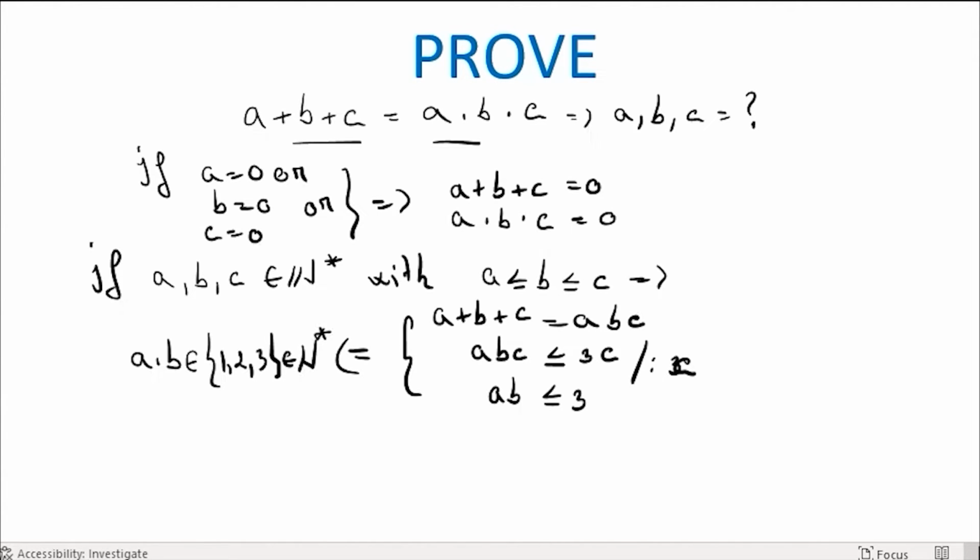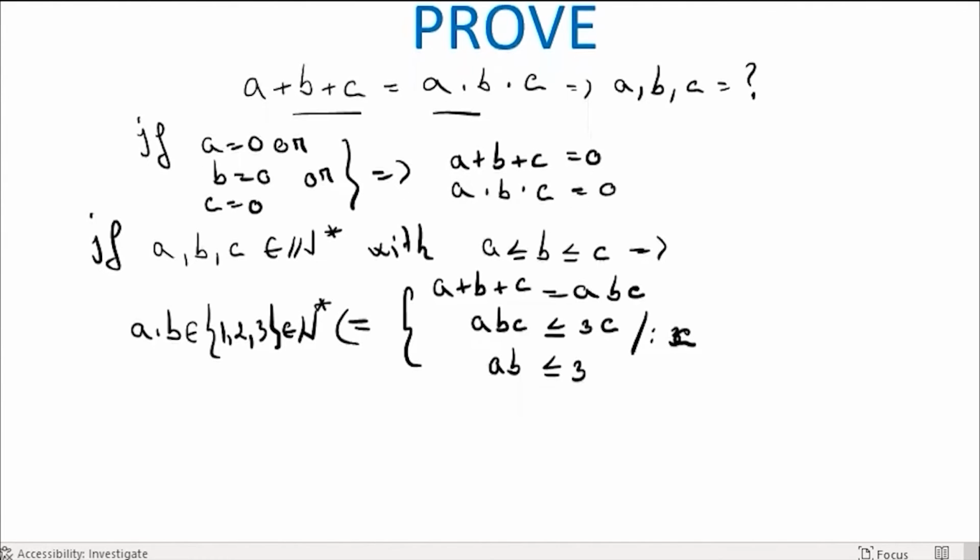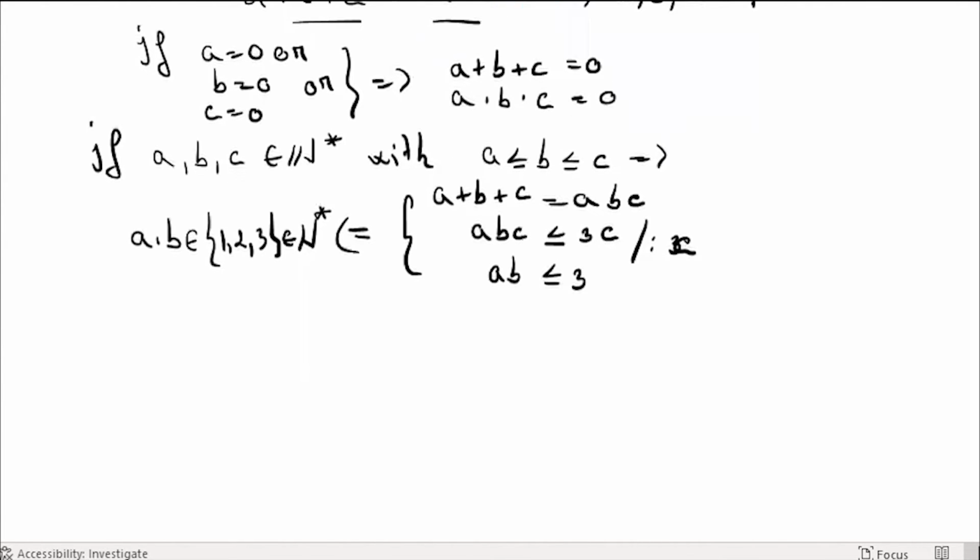Let's take another case now. If A multiplied with B equals 1, it results that A equals B equals 1, so C is a natural number.